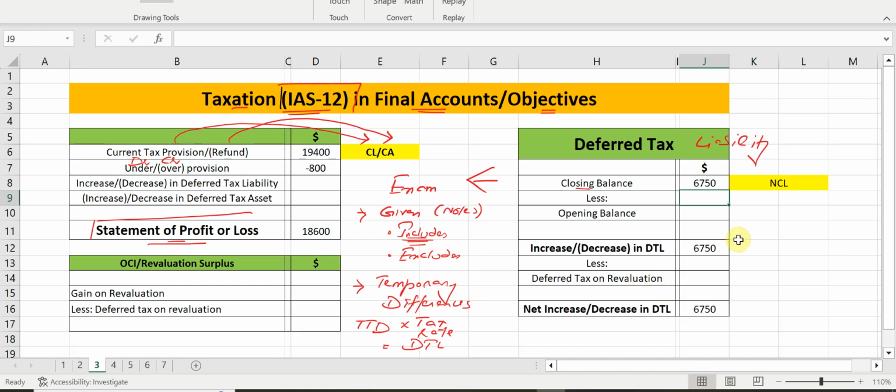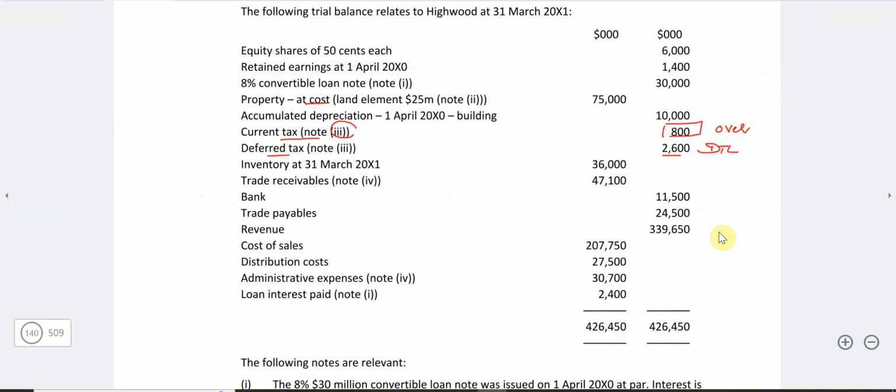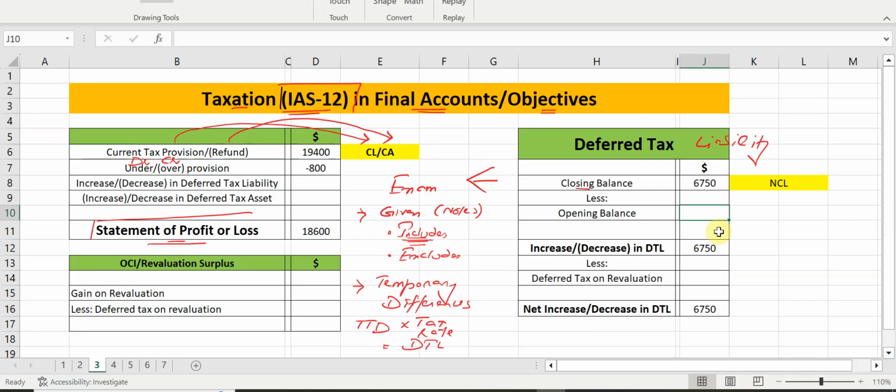So we get the closing balance of the deferred tax liability. And then we need to deduct the opening balance. Again, going back to the trial balance, we see the opening balance is 2600. So we get the increase in deferred tax liability, and we are yet to deduct the deferred tax on revaluation.